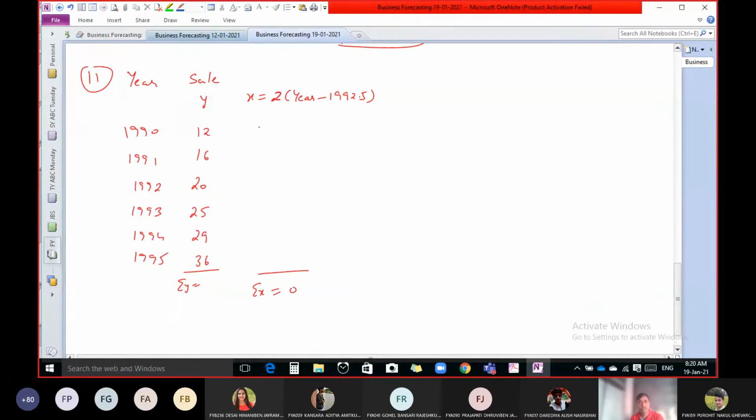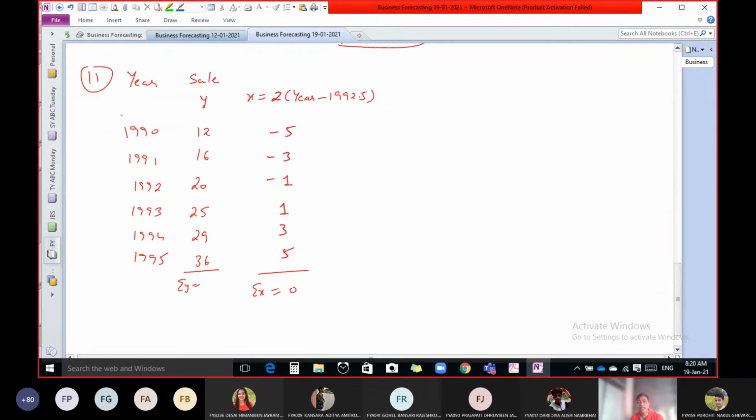So what we get here? Do the calculation. 1990 minus 1992.5 is minus 2.5, into 2 we get minus 5, minus 3, minus 1, plus 1, plus 3, plus 5, and we get total 0.